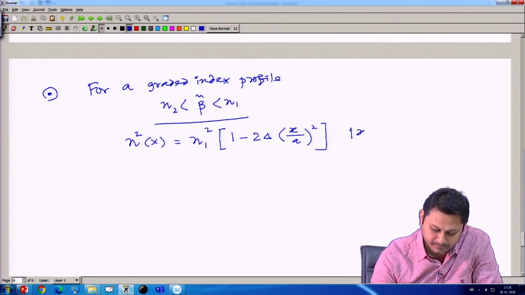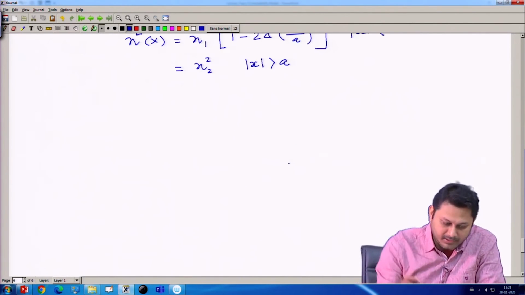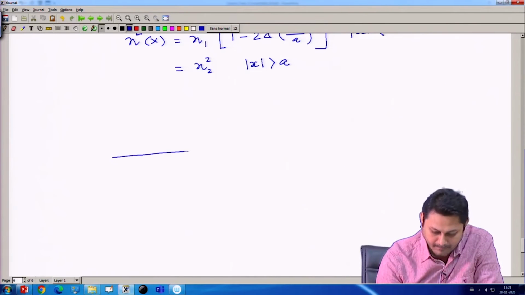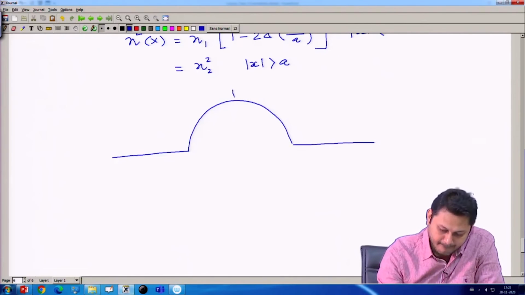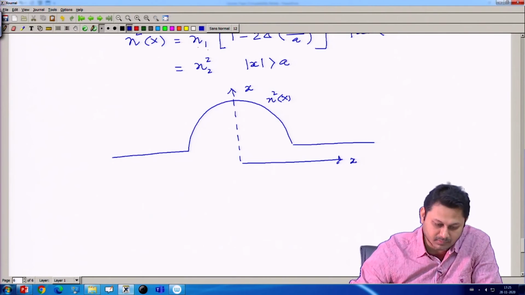So let me write it in this way, less than A, and this is equal to n2 squared when this is greater than A. So if I draw that, sorry, this is not the x axis, this is my refractive index as a function of x.